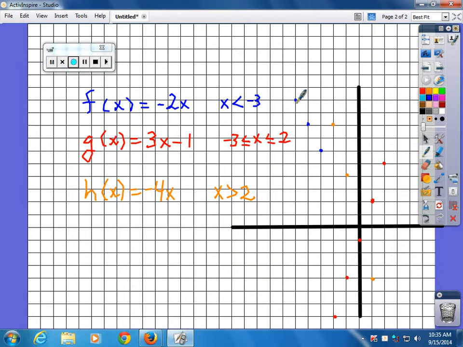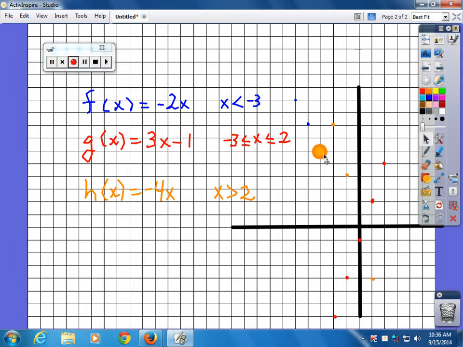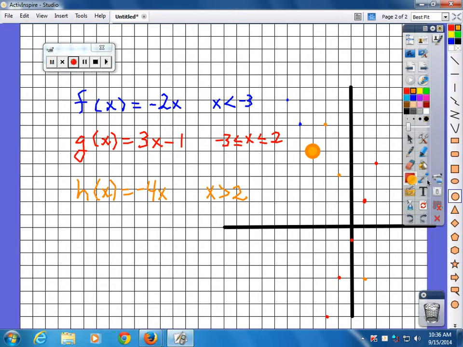What kind of circle goes right here? Open circle. And we'll put that open circle right there, and we'll draw a line going that way.